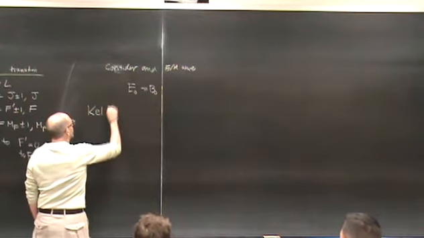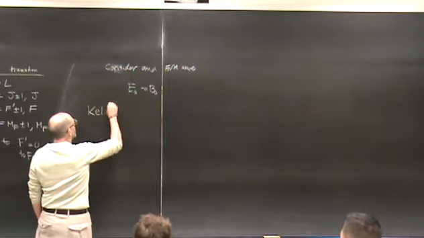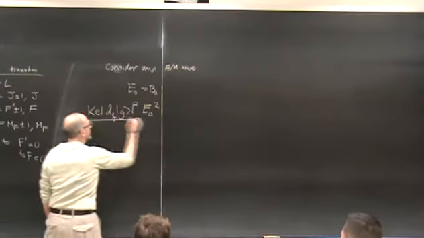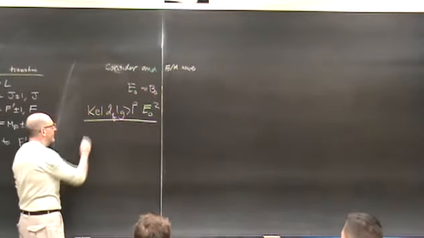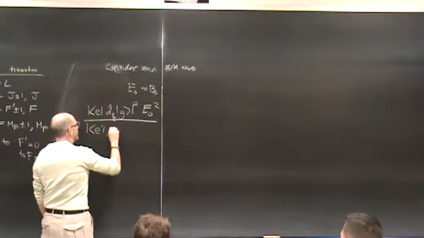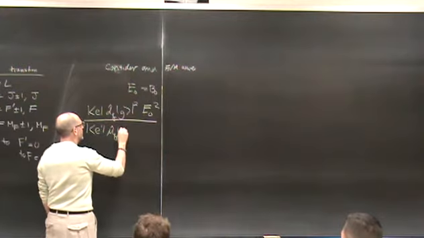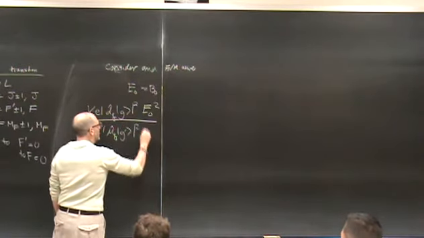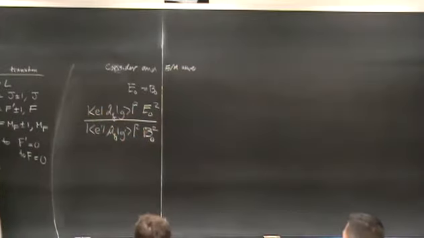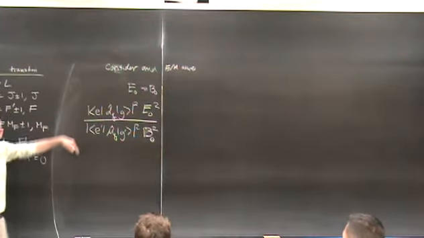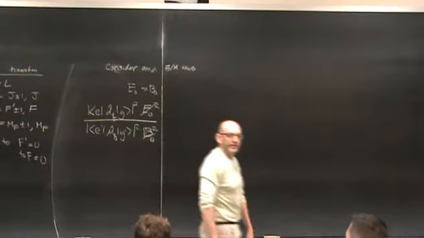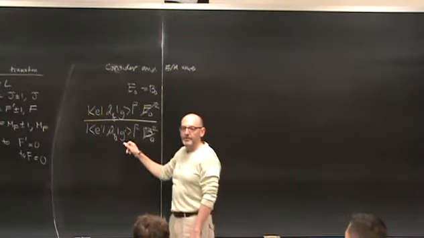I have some dipole transition whose absorption rate depends on this, versus some other transition that's magnetic dipole allowed, whose absorption rate depends on this. Then the ratio of the absorption rates will just depend on the ratio of the squares of these transition matrix elements.